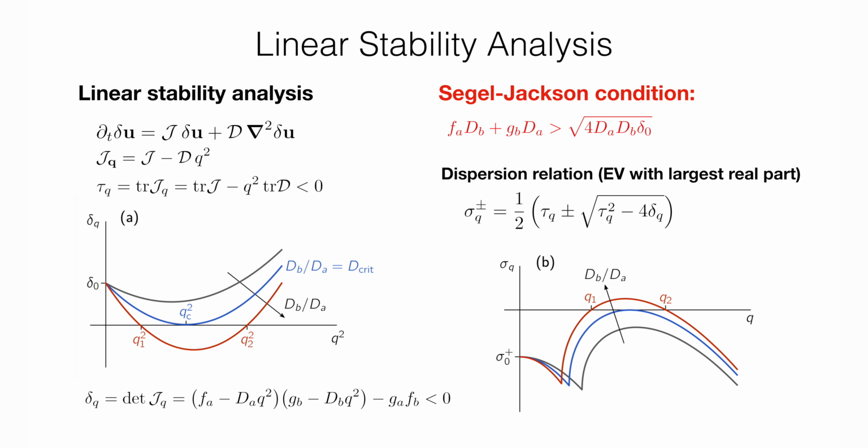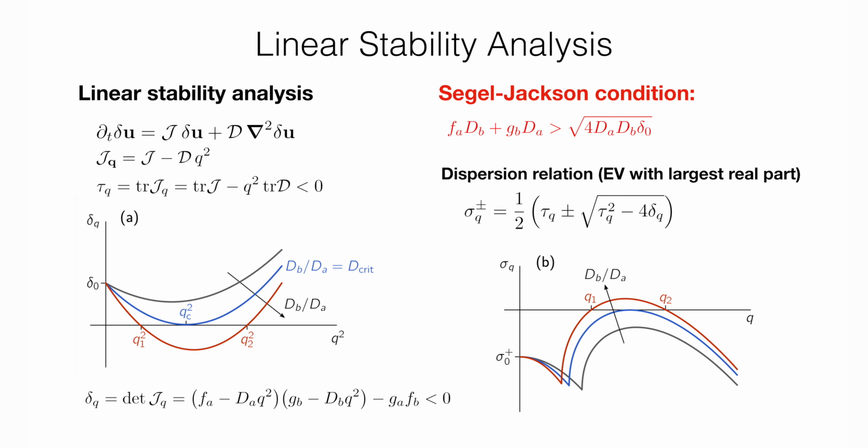And then you just check the conditions on the trace and determinant for a two-component system, and you learn from that under what conditions this can become unstable. The trace here always has to be negative because we assume the system to be stable to homogeneous perturbations, and this term is negative, so this remains. That means the decisive question is whether the determinant is positive or negative.